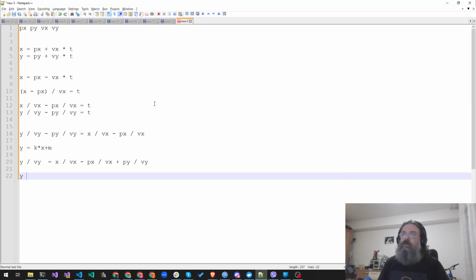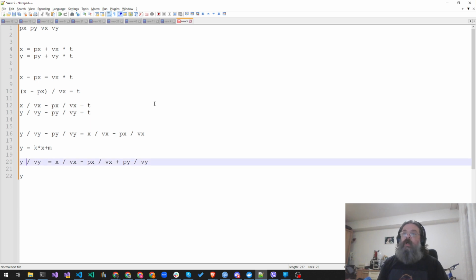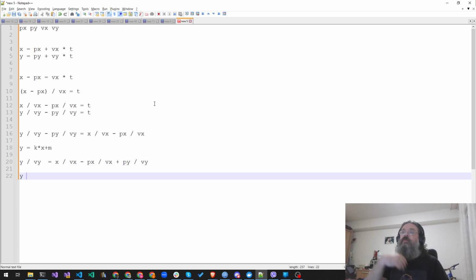Well, that's good, which means that we never have a degenerate straight line. So vy is not 0, which means we can multiply by it. So we have x times vy divided by vx.